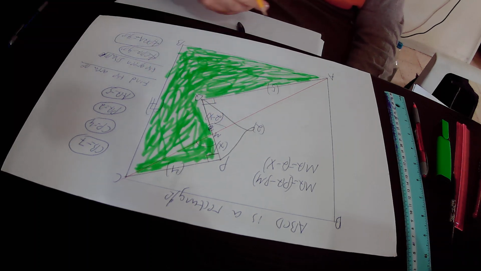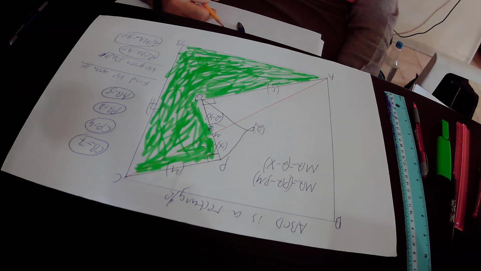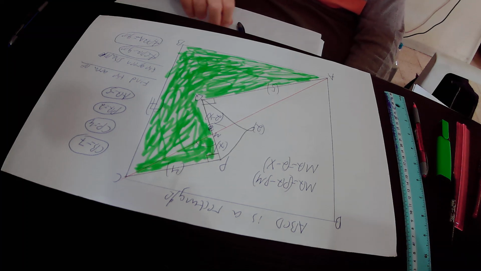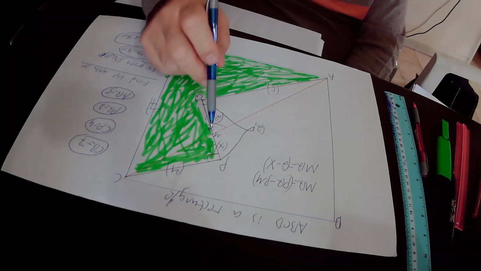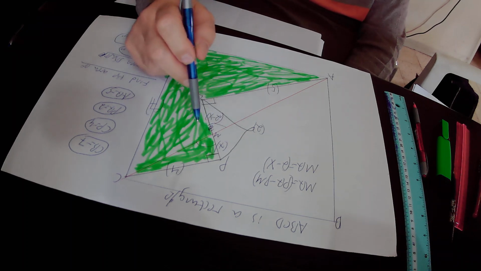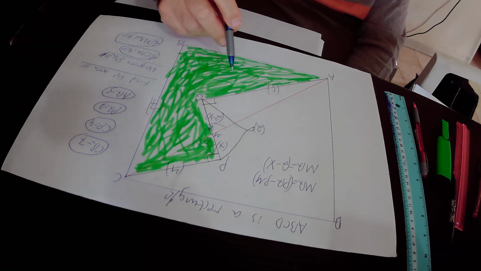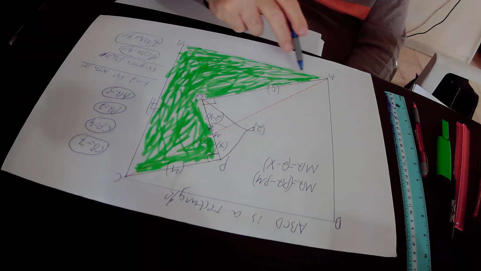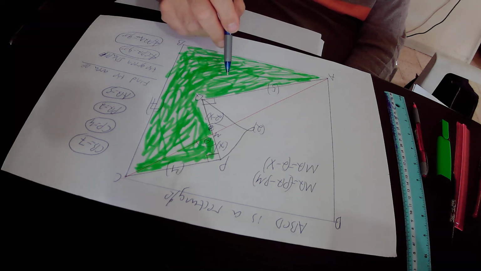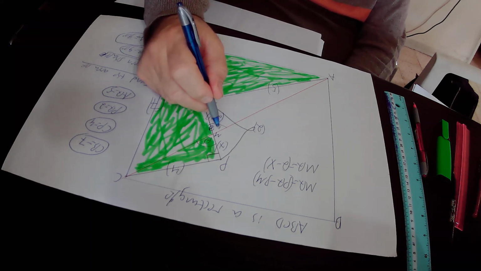We also know that vertex angles are equal to each other. So if we define this vertex angle PMC as theta, then the other vertex angle AMQ must also be equal to theta.